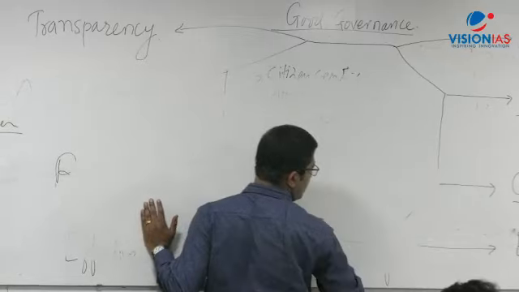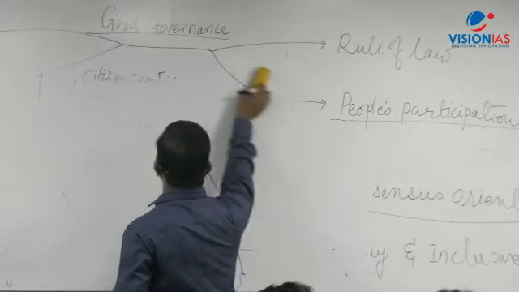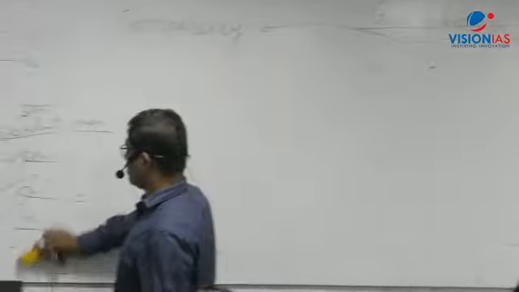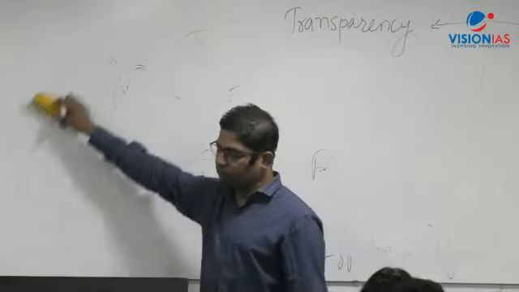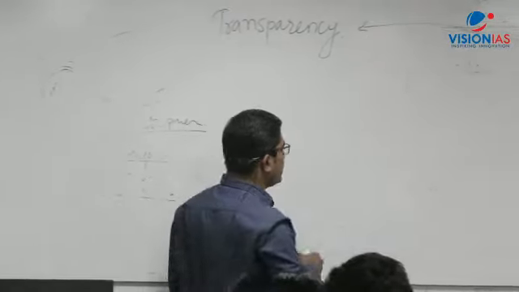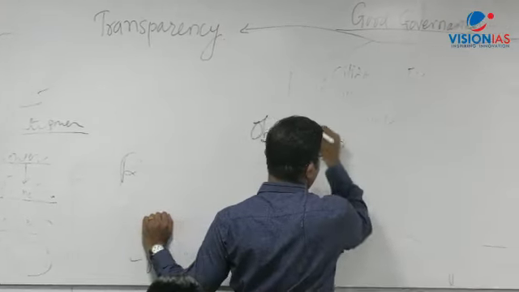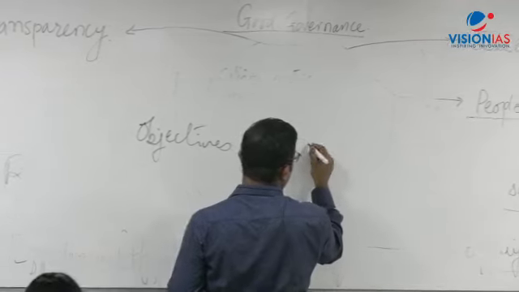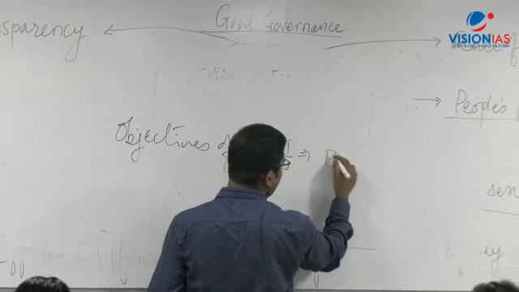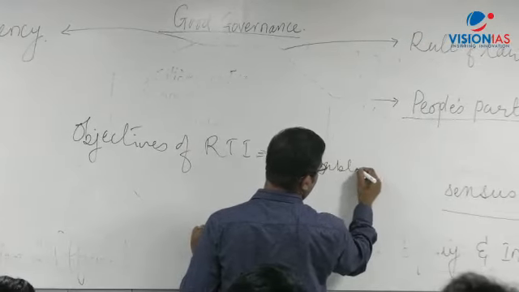Now, write RTI briefly. Objectives लिखना है हमें because we are more interested in discussing the principles. Objectives of RTI. These are written in the preamble of the Act.